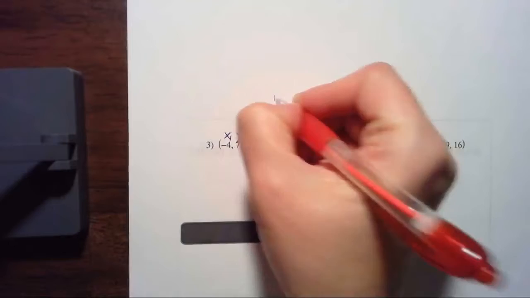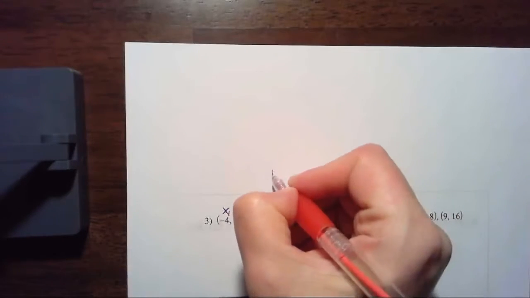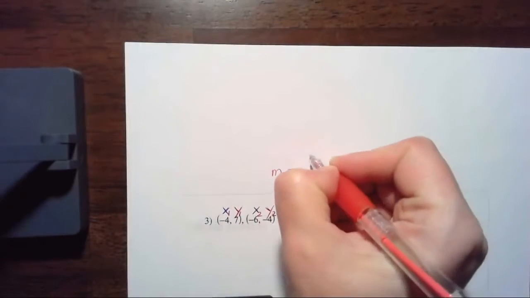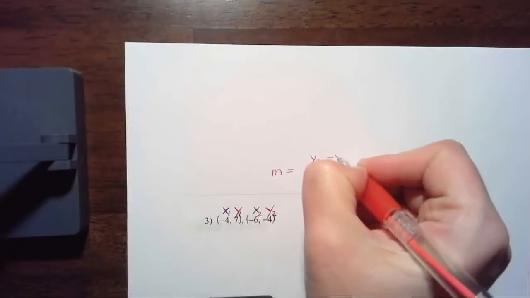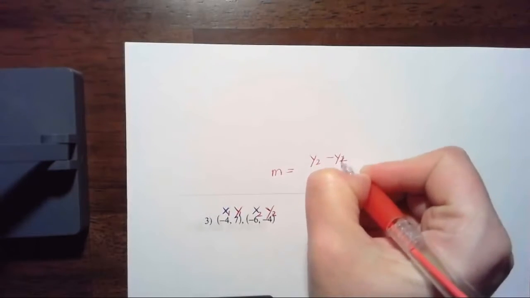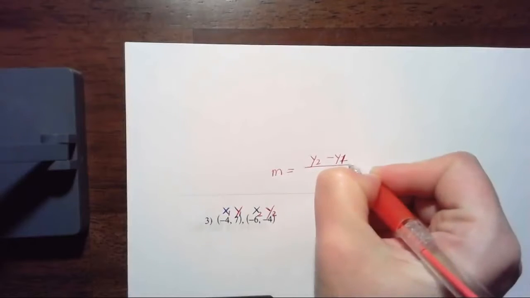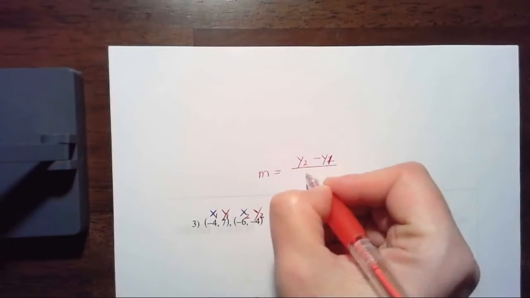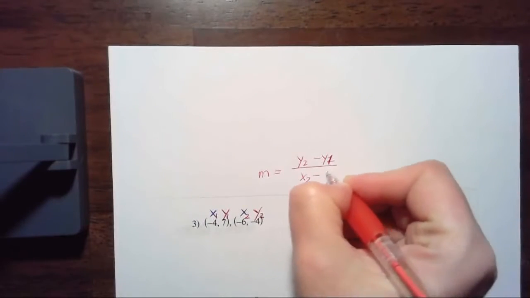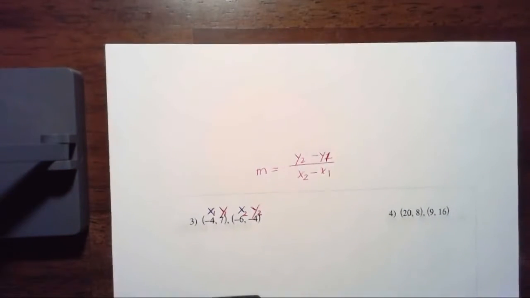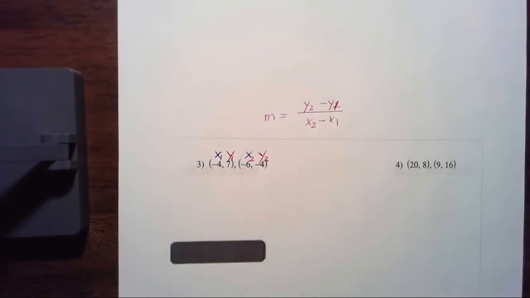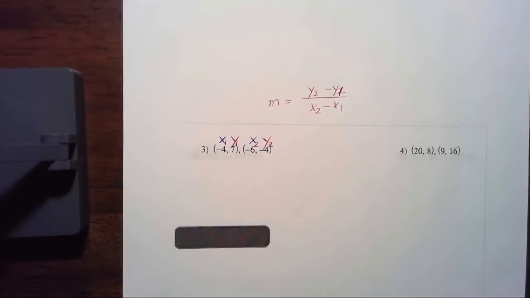Now my formula I'm going to write on top of the paper maybe so you guys can see. Once again, change in y's over change in x's. Change in y over change in x.